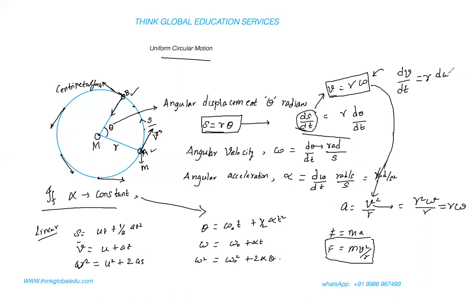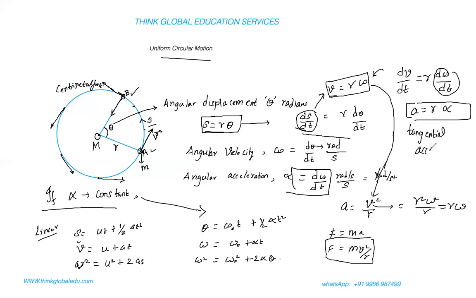We'll get r multiplied by d omega by dt, which is alpha. This is another identity, and here this acceleration is called the tangential acceleration. And this tangential acceleration is useful in finding the centripetal force.